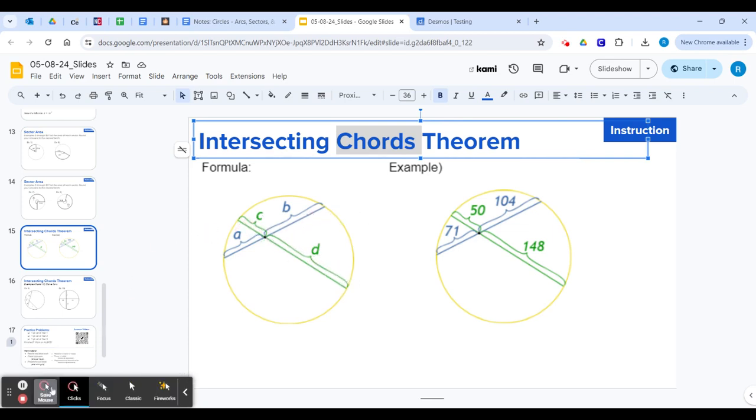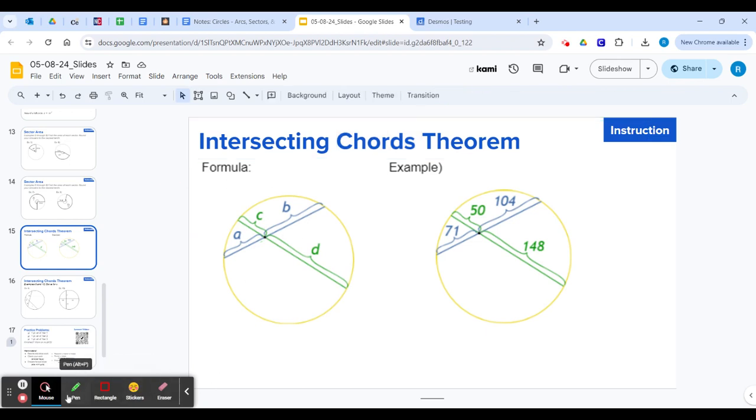If we're dealing with these intersecting chords, what mathematicians found a while ago is that if I want to relate these together, we can multiply A and B together, and whatever those get, we are going to get C times D. So we can relate these intersecting chord lengths together with this small length A, multiplying that by the small length B, and then multiplying the small length C by that small length D. Notice how they're paired together.